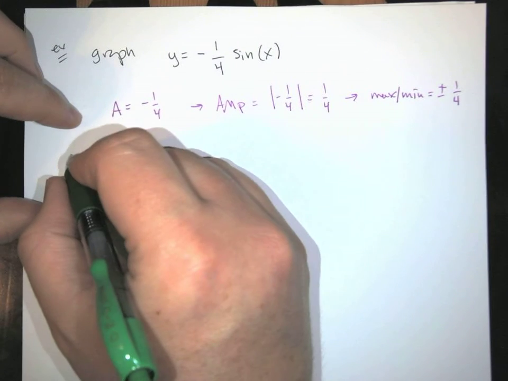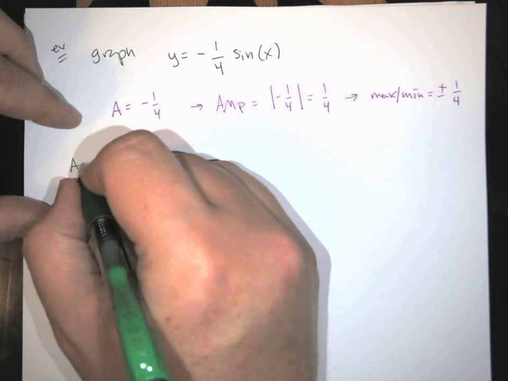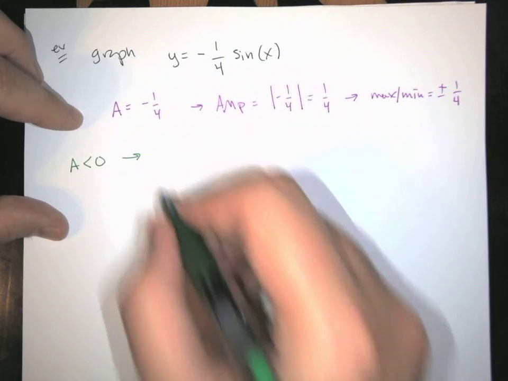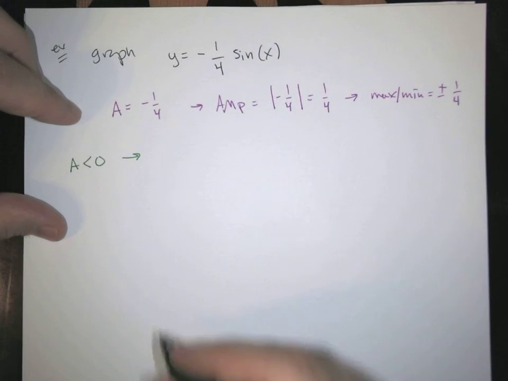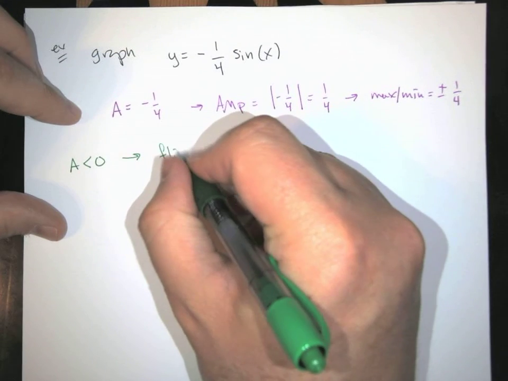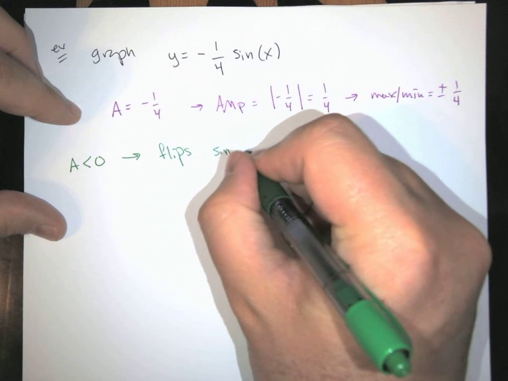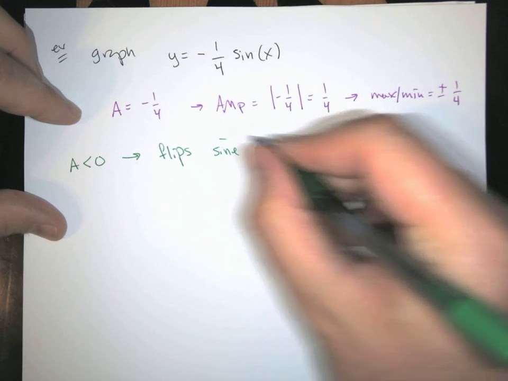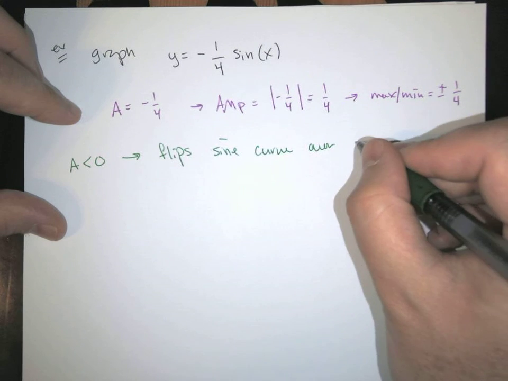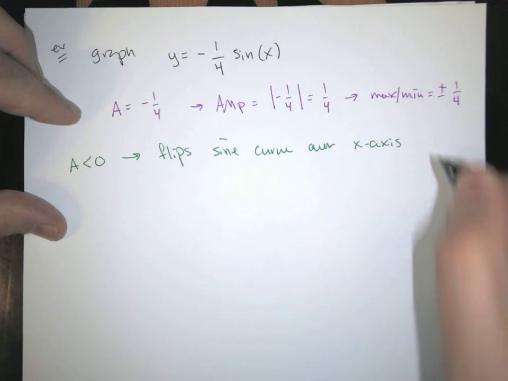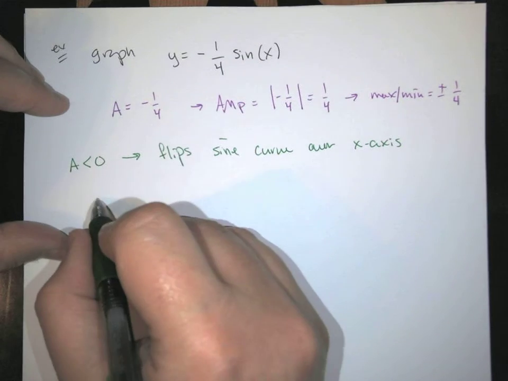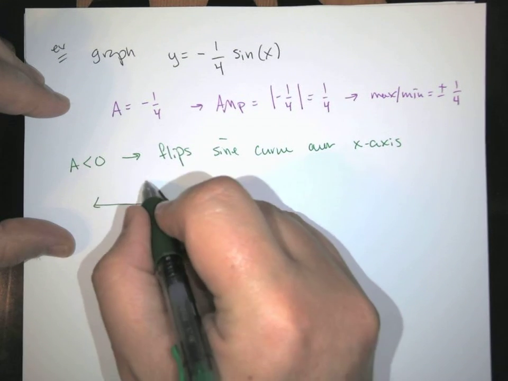If I have an a value that's less than 0, a negative a value, what that does is it flips the sine curve over my x-axis, right?